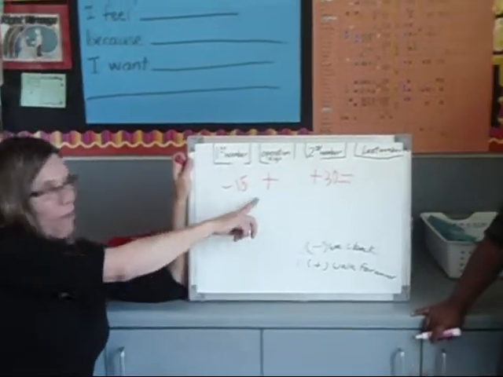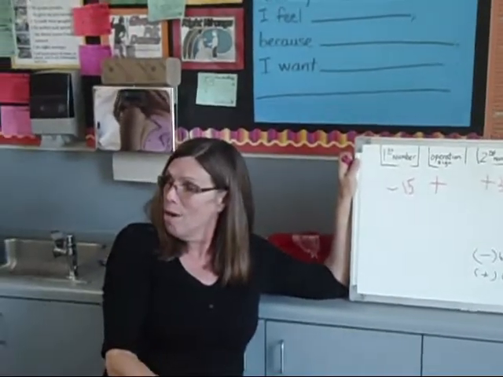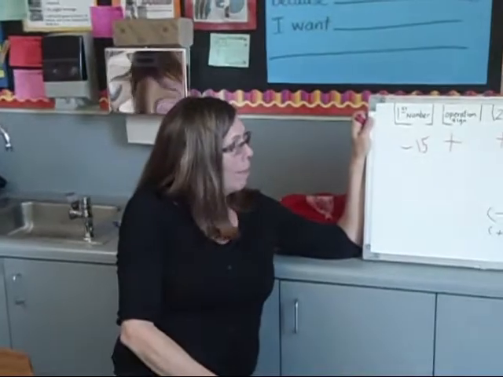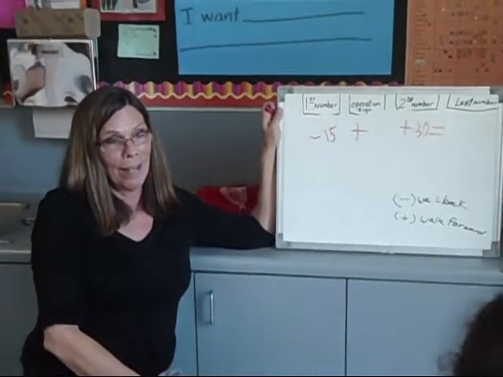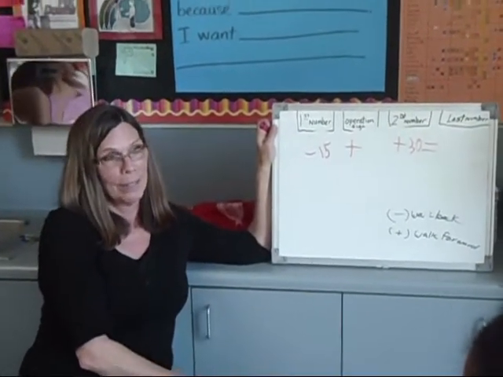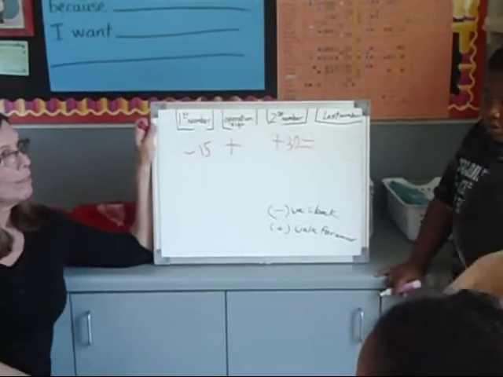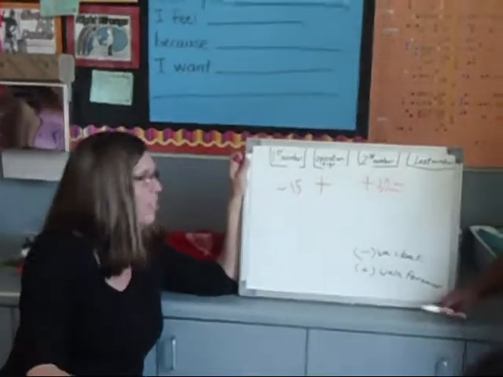So we have to walk the 15 to the 0, and then we have to walk 15 more. So it's 45. No. You said we're starting on a negative 15. We have to walk 30 spaces forward. So 15. Is that right? What's the answer, Tyrone? It's 15. Carly, come on up here. Good job.